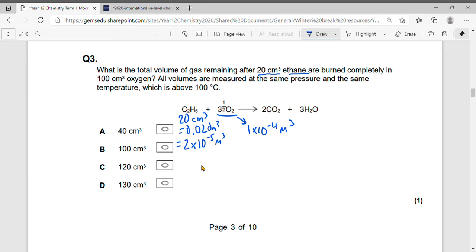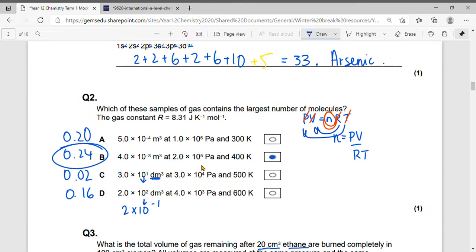I don't really understand. What is the total volume of gas remaining? Is this a continuation?